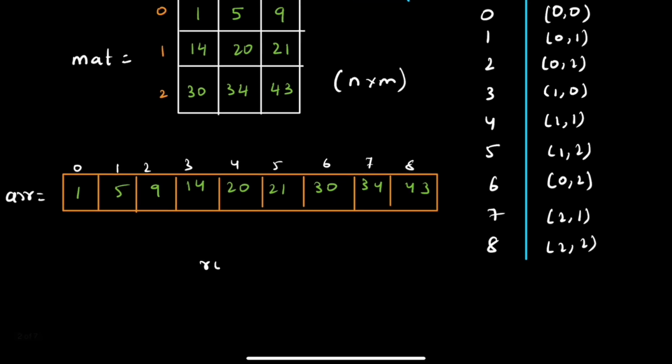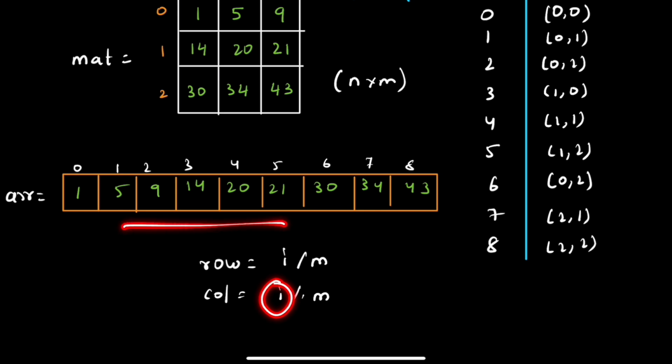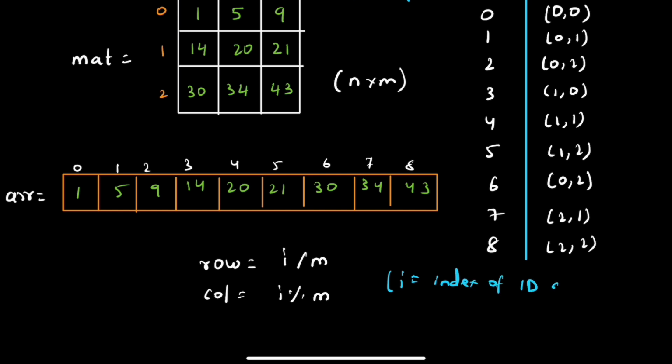To get the row, we'll take I by m, where m is the column size and I is the index of the 1D array. Similarly, to get the column, we'll do I modulo m. And again, I is the index of the 1D array. I'll note it down here.